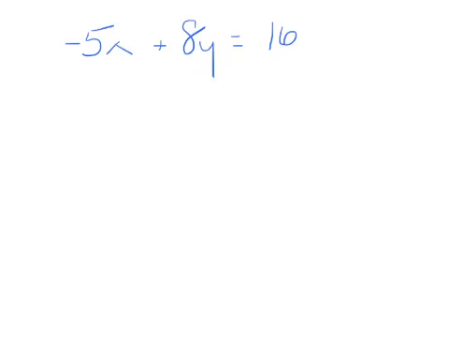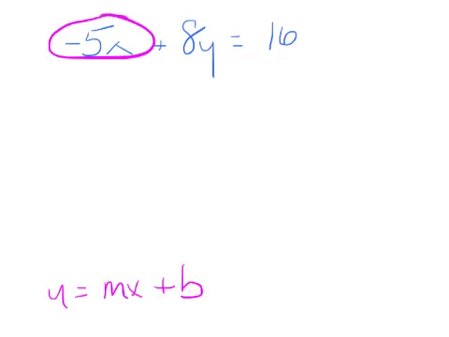So we got a fresh sheet. Want to get it to y equals mx plus b. This one is still going to be plus b. Here's how we do it. We have to take care of this x right here. Yes, that is an x. It doesn't look like it, but it is an x. Let me fix that for you.